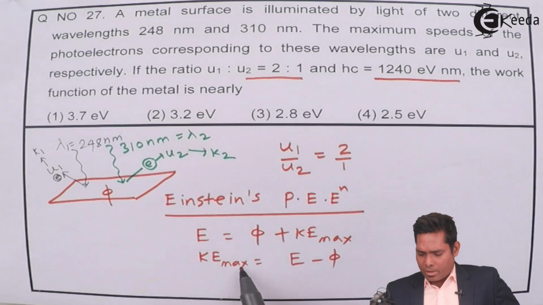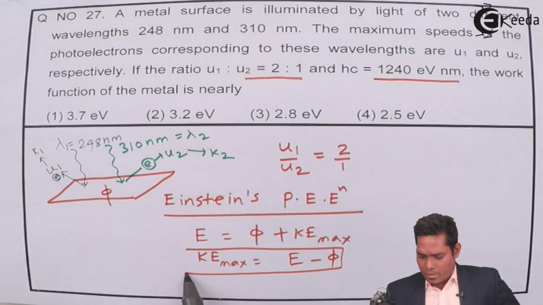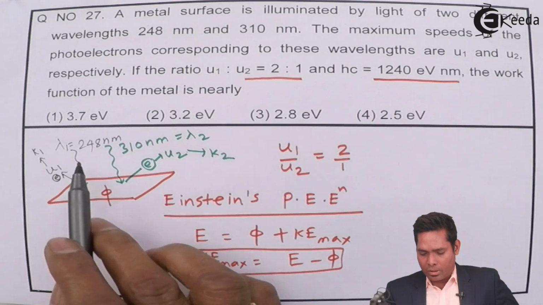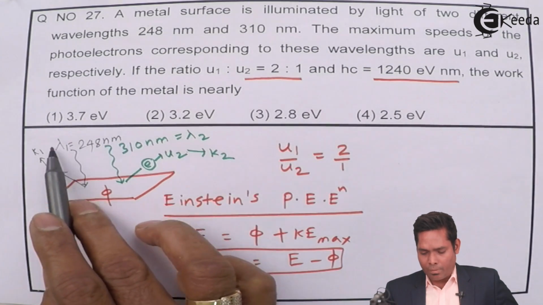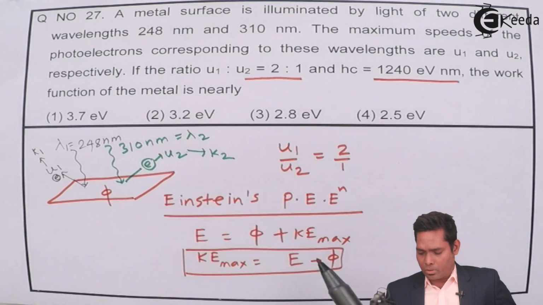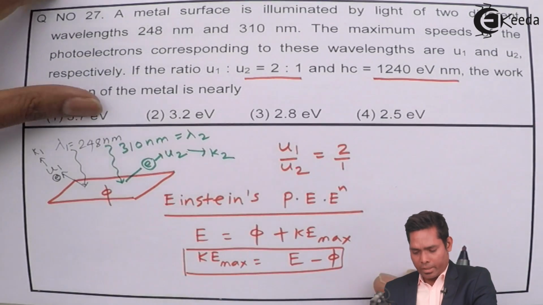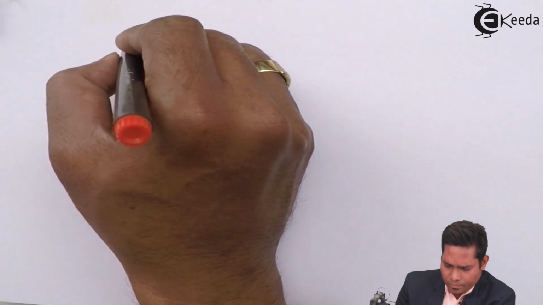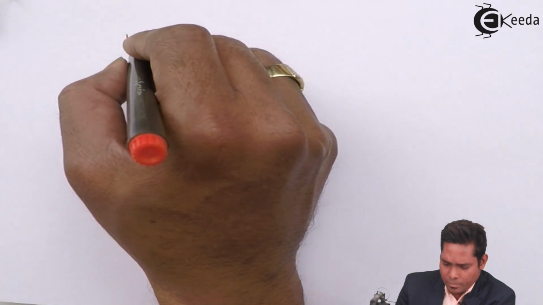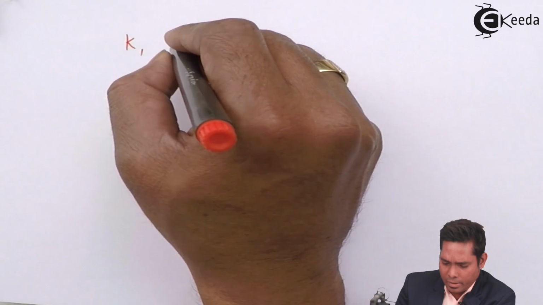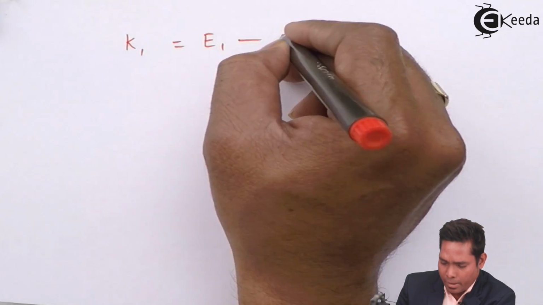Now I have to use this equation twice, once for this wavelength and once for the other wavelength. Kinetic energy maximum for the first is E1 minus phi.